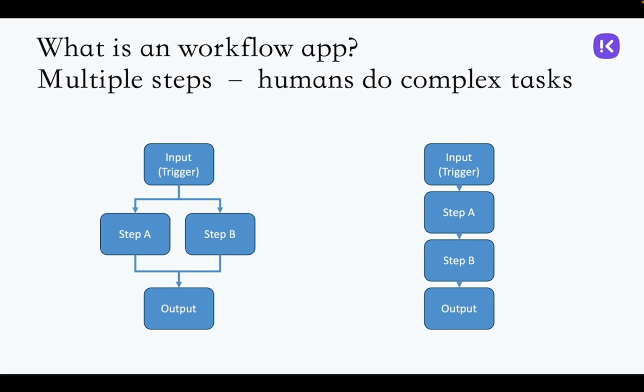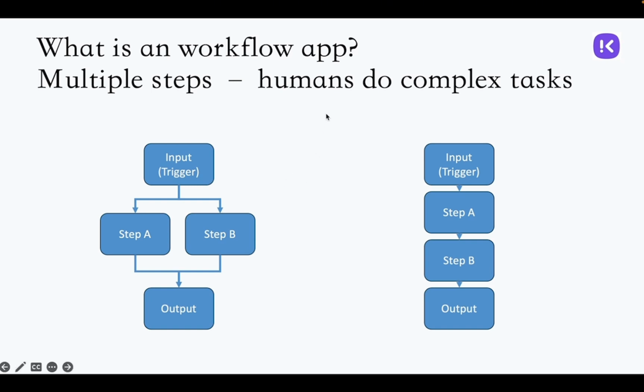But if you are doing complex tasks, you need multiple steps. In that case, a simple prompt won't work. So we have to use a workflow, and that's why we need workflow.